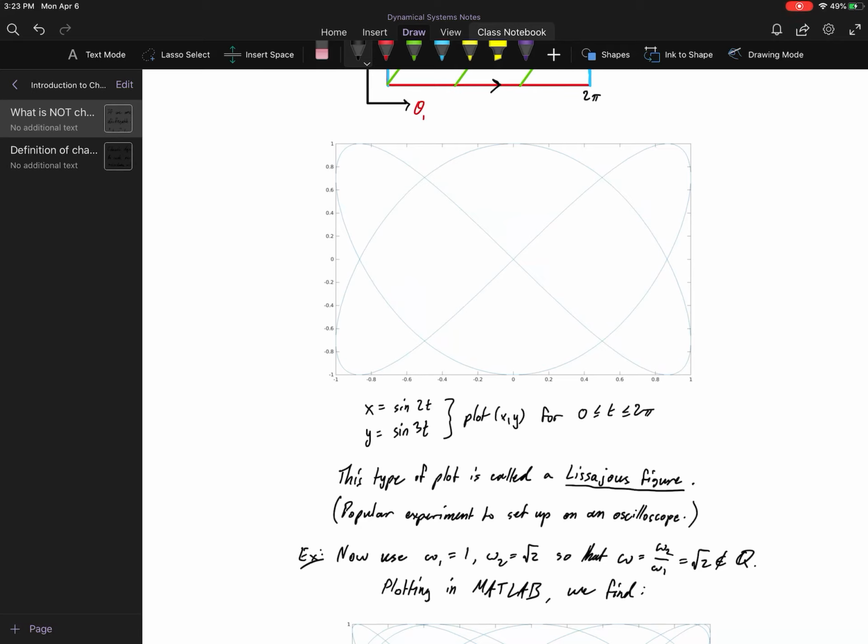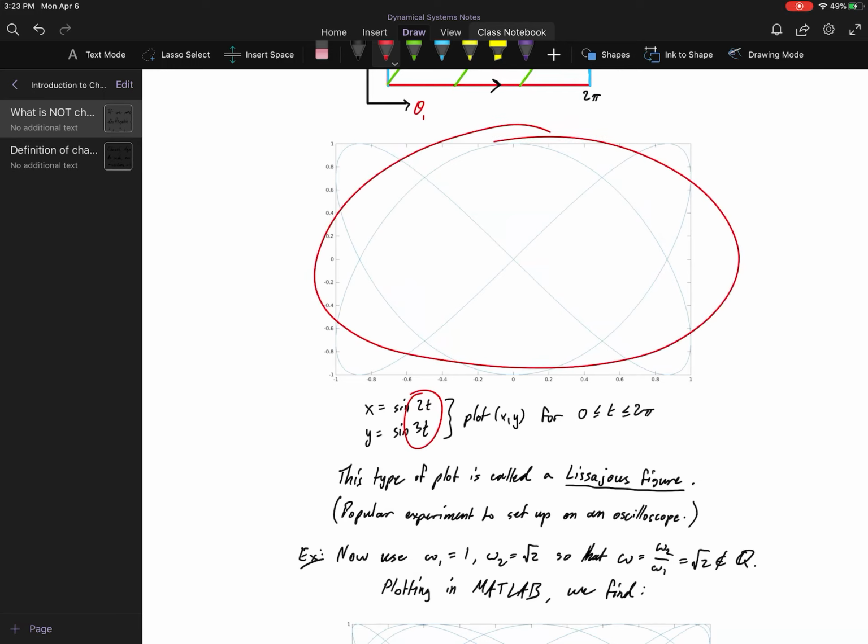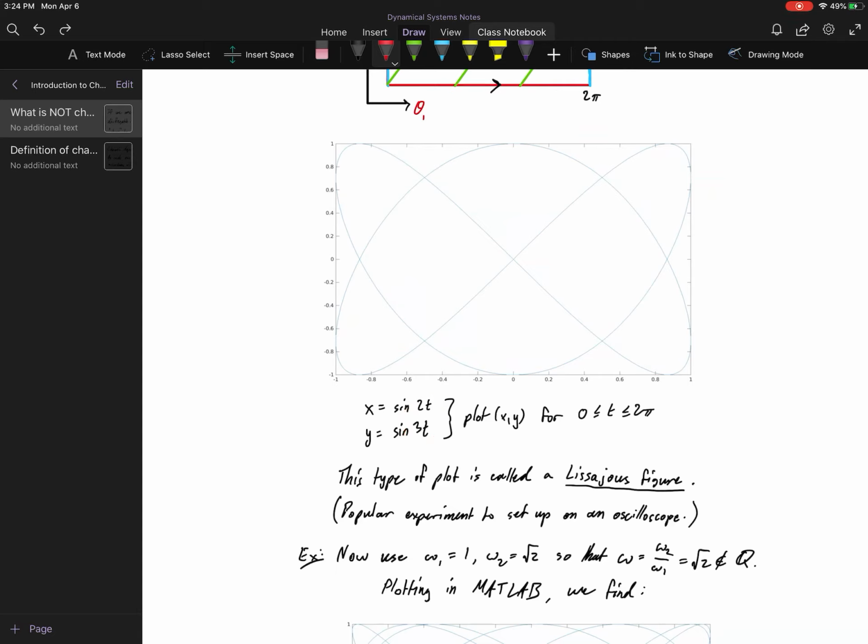There's no rhyme or reason to why I chose this particular solution to the original system, but I do want to show that if I have a rational ratio between the 3 and the 2 here, which I do, 3/2 is rational, then I create this nice closed figure in plotting the two of these curves together.